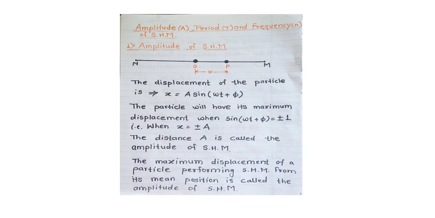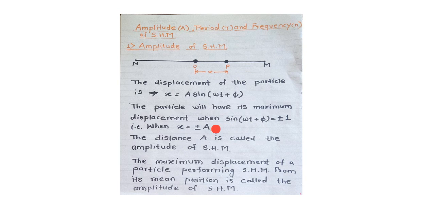Here the displacement of the particle is x equals a sin(omega t plus phi). This is the equation of the displacement. The particle will have its maximum displacement when sin(omega t plus phi) equals plus or minus 1, that means when x equals plus or minus a.